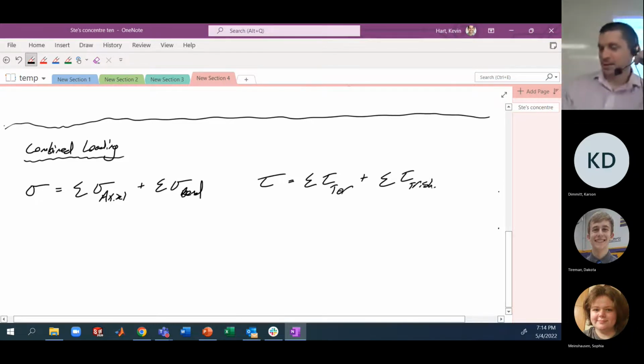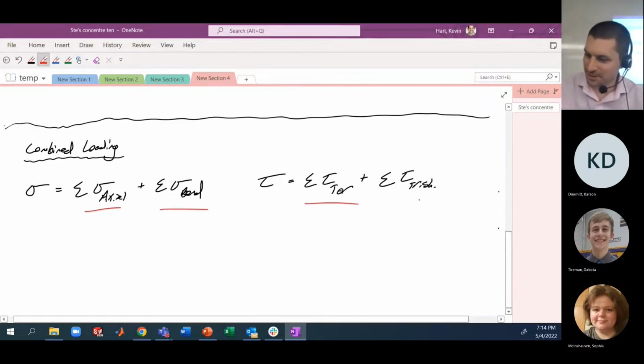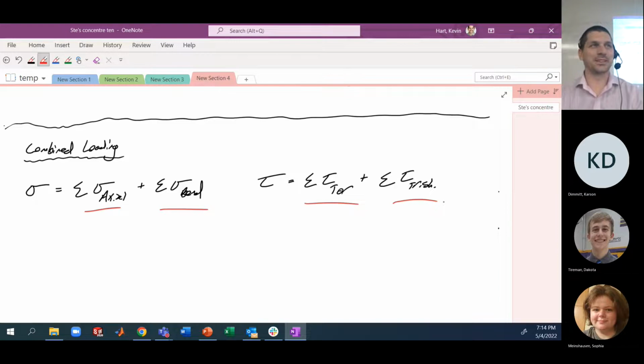We've spent about a week on each one of these individual terms alone. That's why I say I think this exam is the culmination of this class, because combined loading basically uses everything that we spent so much time on in one problem.